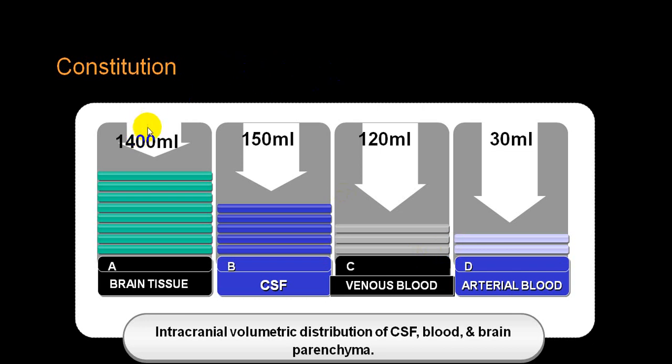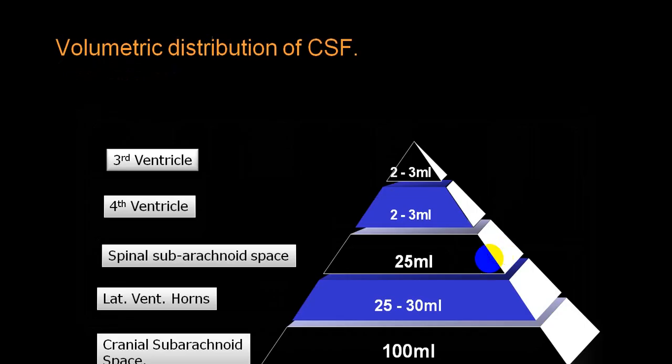The intracranial cavity will have 1400 ml of brain tissue, only 150 ml of CSF and 150 ml of blood, out of which 120 ml is venous blood and only 30 ml is arterial blood. The main constituents of the cerebrospinal fluid space are 100 ml, of which the lateral ventricle is 25 ml, the subarachnoid space is around 25 ml, the fourth ventricle is only 3 ml, and the third ventricle is only 3 ml.